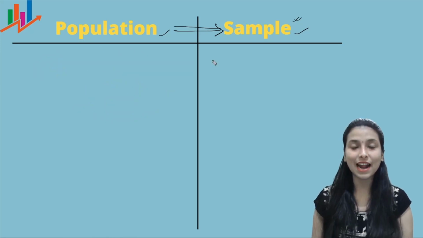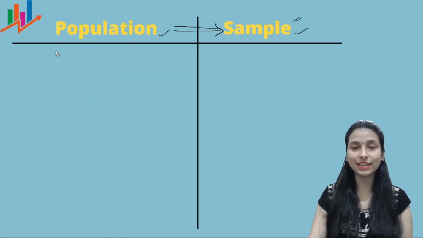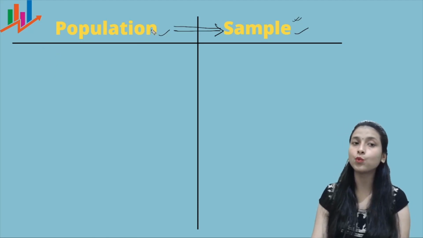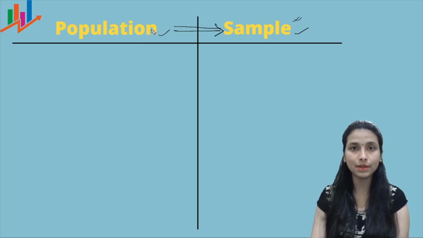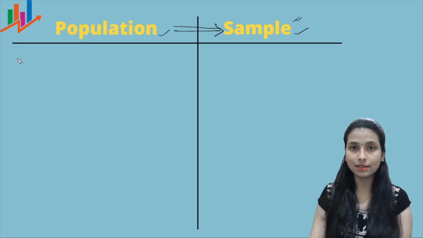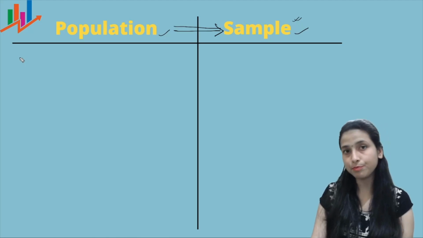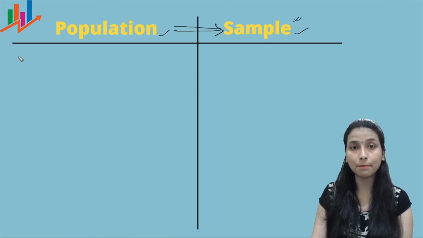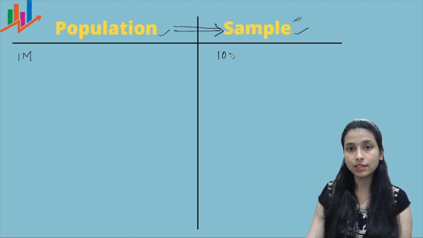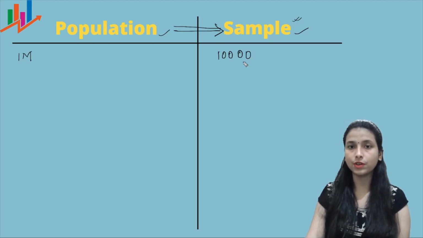Now let's understand a bit more about population data and sample data, such as what is population mean, what is sample mean, what is population variance, what is sample variance. Just now I took one example to understand population and sample data. There I considered the number of people, the population of America, as 1 million. And let's say as a sample, I took 10,000.